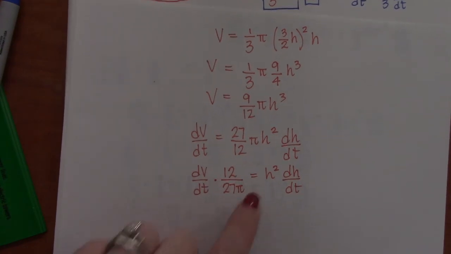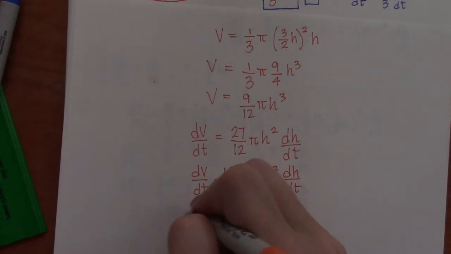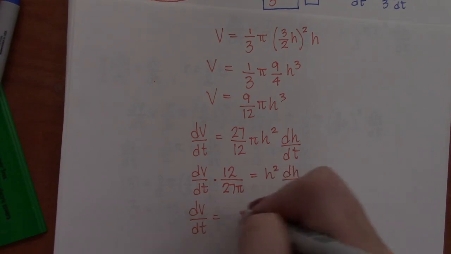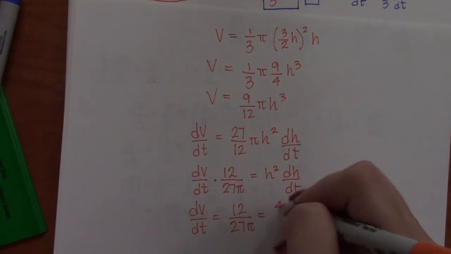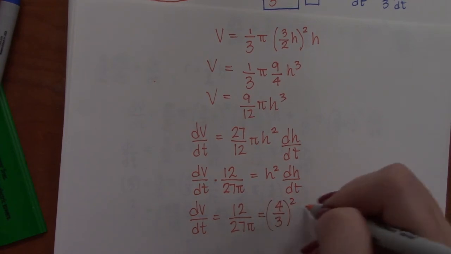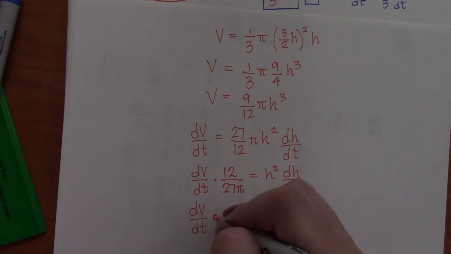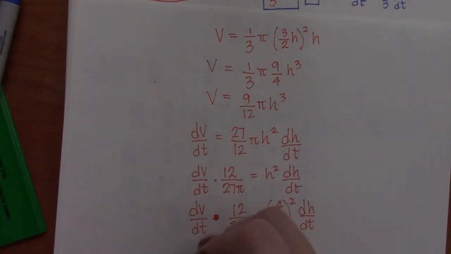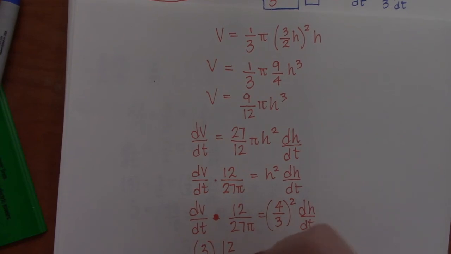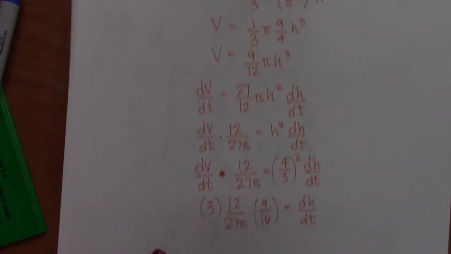Plug in my h, which was 4/3. So then, oops, this is times. dv was 3 times 12 over 27 pi times 9 over 16 equals dh dt.